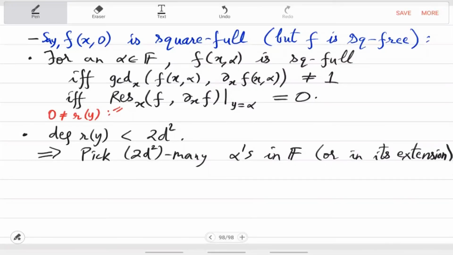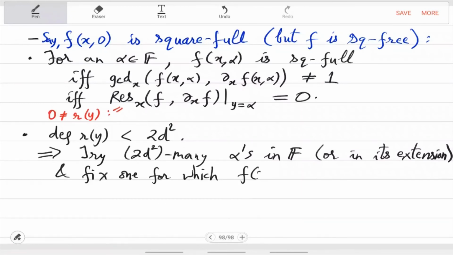So, either way, somehow find these 2d square many elements and try all the alphas. Trying means that fix an alpha and then check whether the resultant is vanishing, and pick the alpha for which it is not. So, try these many alphas and fix one for which f(x, alpha) is square free.